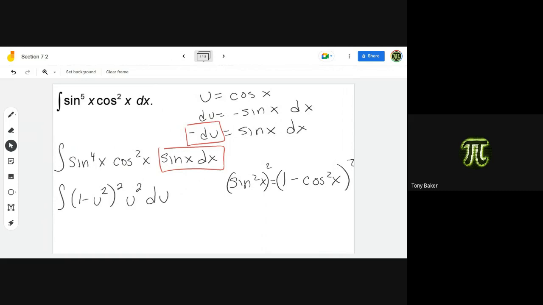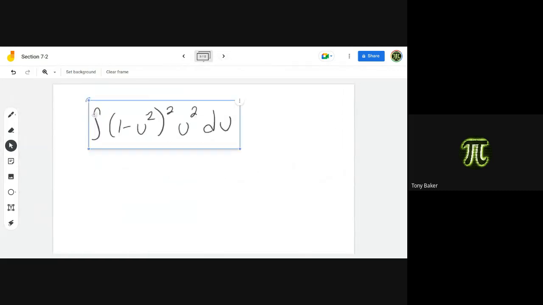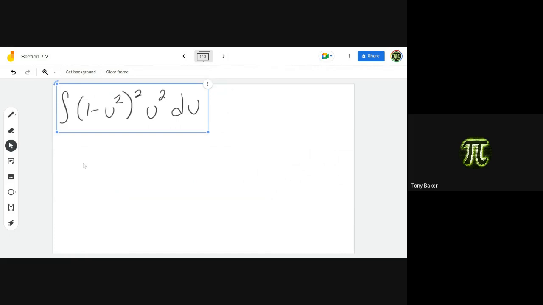All right, now I just got to do the integral of that. My suggestion for this, let's multiply it all out. Let's not try to do the u substitution with the 1 minus u squared and all that. Let's just multiply it out, get it clean to make it simpler to do.